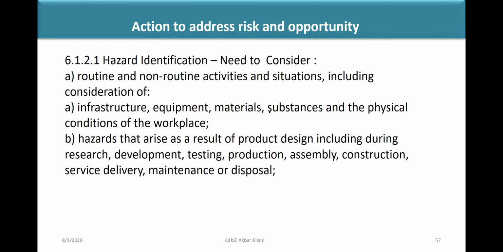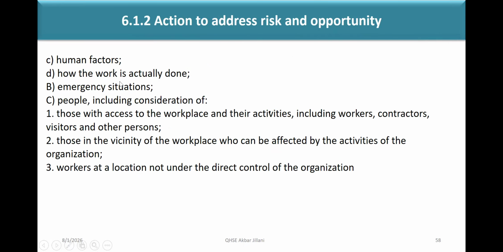Hazards that arise as a result of product design, including during research, development, testing, production, assembly, construction, service delivery, maintenance, or disposal. So, up to disposal: from planning, then raw material, then manufacturing or services, and then delivery. And the manufactured products, also the disposal.